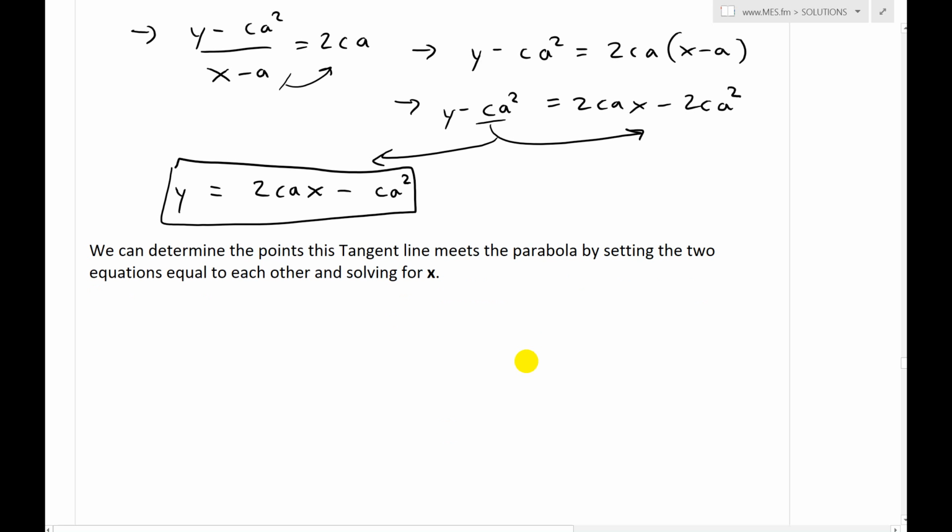And now we can determine the points where this tangent line meets the parabola by setting the two equations equal to each other and solving for x. In other words, the parabola P is y equals cx squared, and the tangent line TL is y equals 2cax minus ca squared.